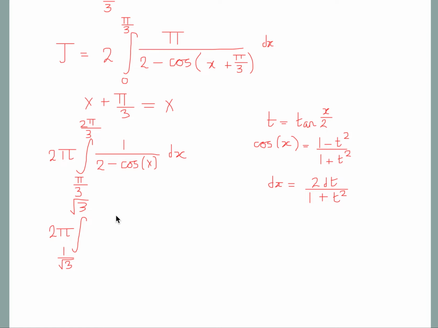And I have 1 over 2 minus, well, cosine x is 1 minus t squared over 1 plus t squared. And dx is now 2 dt over 1 plus t squared.